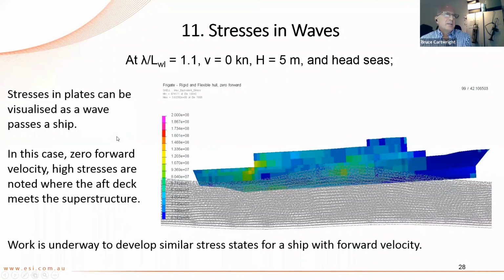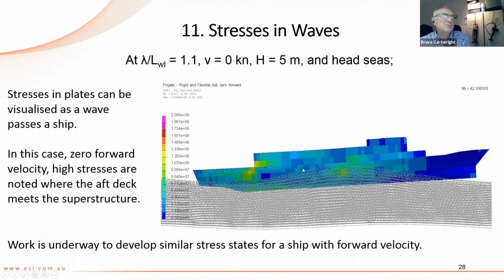The other nice thing about this is it's a finite element package, so we can look at stresses that occur in the boat with time as the boat goes over the waves. So here's just a snapshot of some of the stresses inside the side plates of the boat, and we can see that where there's a drastic change in section between the aft flight deck there and the main superstructure, these yellow regions are typical of high stress, and they're occurring exactly where you'd expect them to.